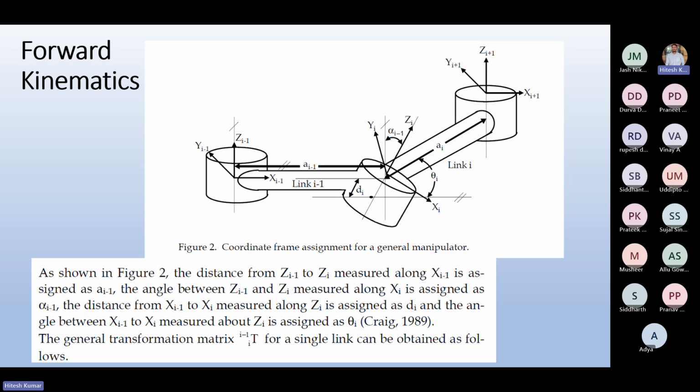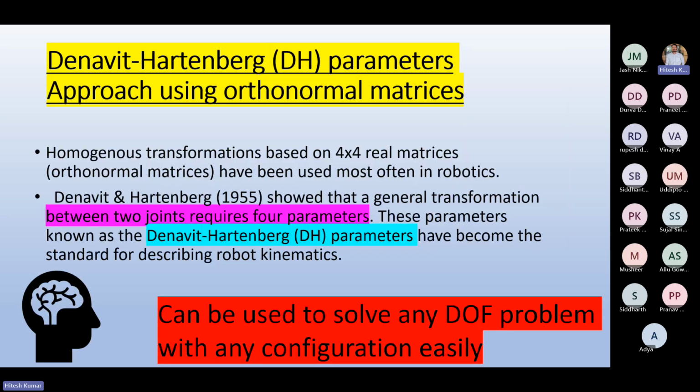In short, we will call it DH. We will use the DH parameters to calculate the position and orientation of the end effectors. This will lead us to the result of what the orientation and position of the end effectors will be.